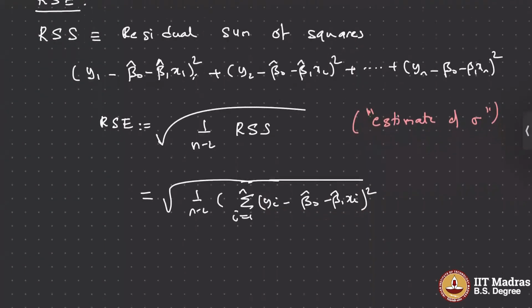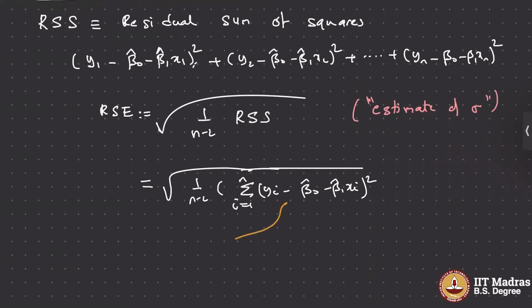So let's write this down. If yi is close to beta naught hat plus beta 1 hat xi, then this implies RSE is small, and that suggests the model fits the data.